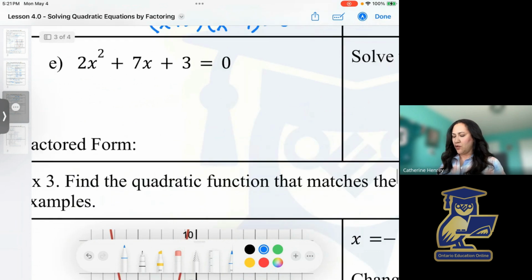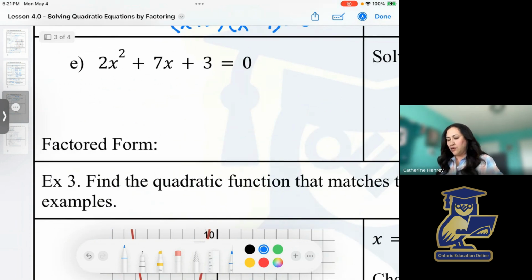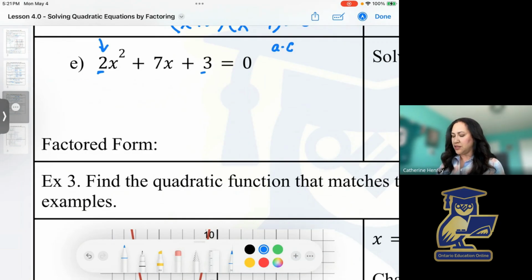All right, so now we have a quadratic that looks a little bit different. We have a coefficient in front of the x squared. So this is a more complex trinomial to factor. So we use, remember, that AC method. So we take a, which is the coefficient of the x squared term, and we multiply it by c, which is the constant.